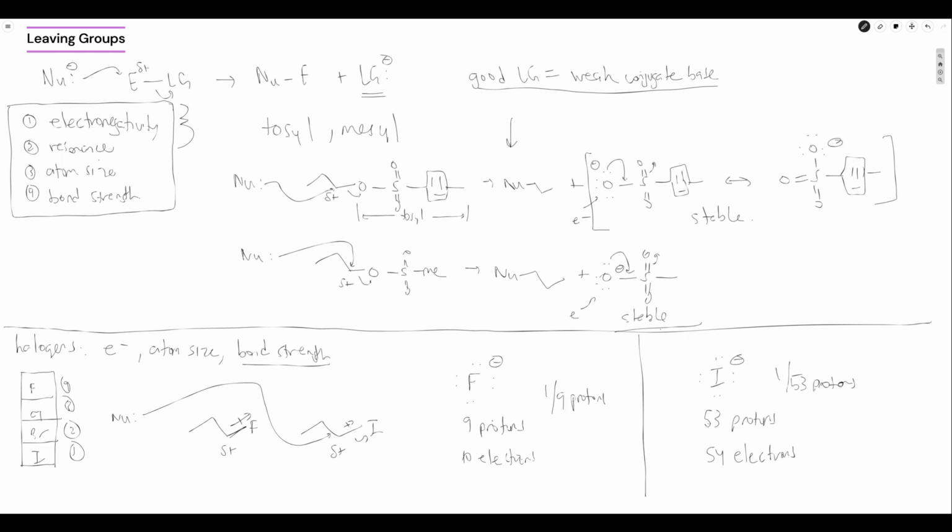With fluorine, however, there's only 9 protons actually. So if you add one extra electron to generate the anion, that's quite significant. That's a 1 per 9 ratio. And so for the halogens, you get the ranking like this. Iodide is best, fluorine is the worst for a leaving group.